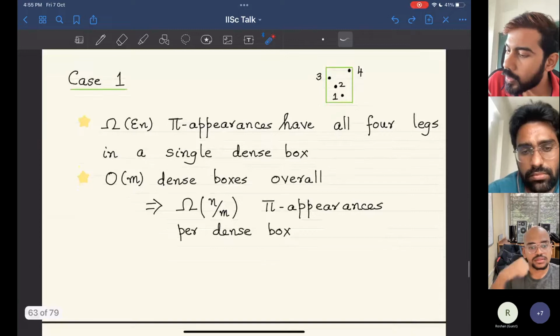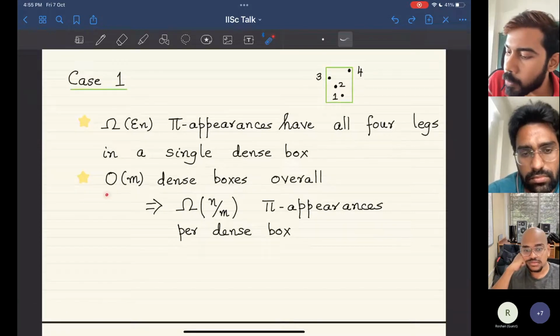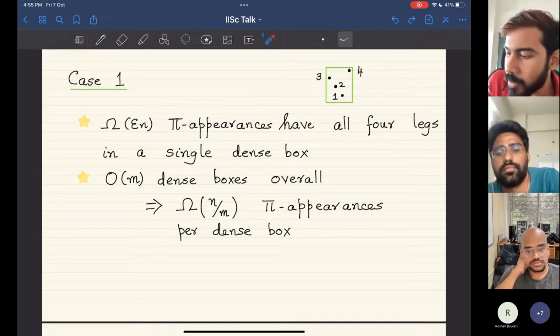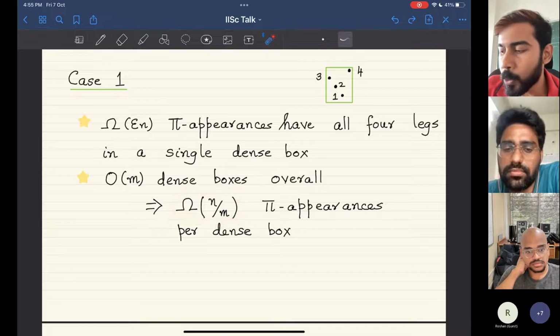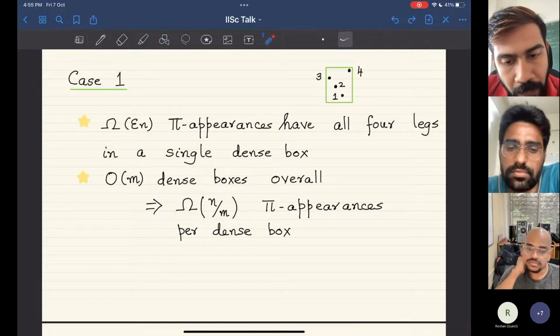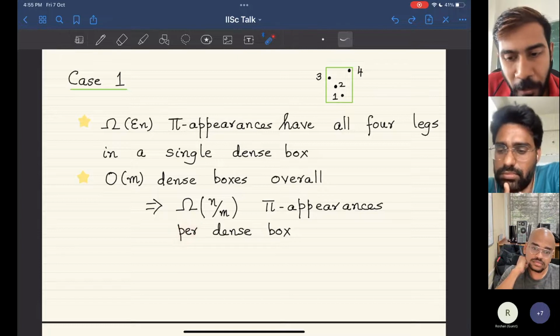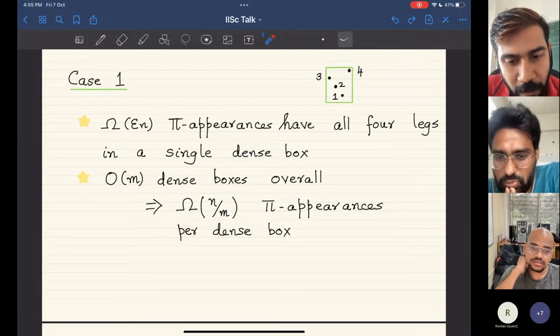Since there are big O of m dense boxes overall, in expectation, a random dense box is going to contain omega n over m pi appearances. This is not entirely true; I'm being not very accurate for ease of presentation.